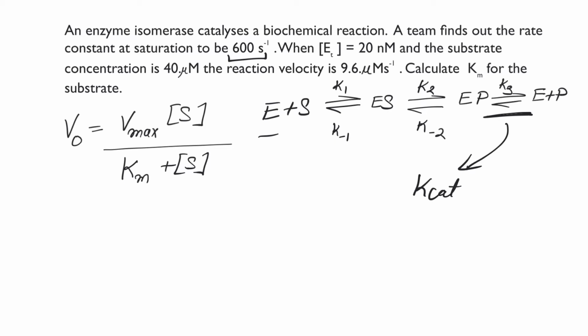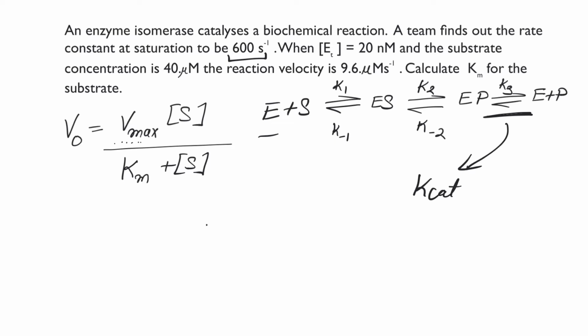Now we need to find a way to convert this Vmax in terms of Kcat. Since it's all at saturation, the entire EP will be breaking down into E, right? So this is when you have the maximum velocity, all the enzymes are being used.